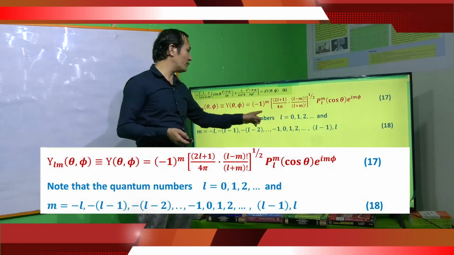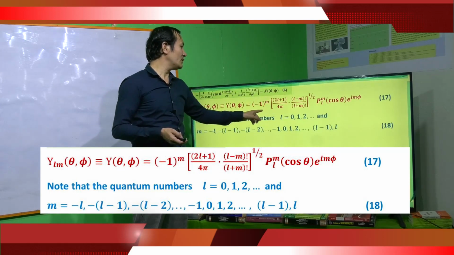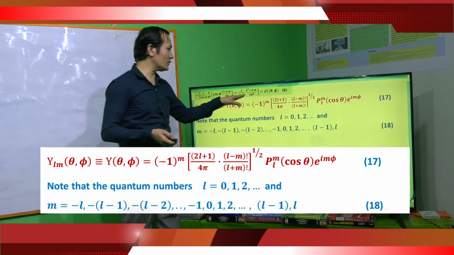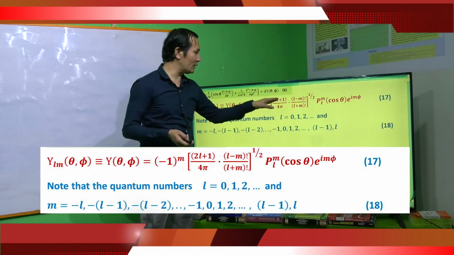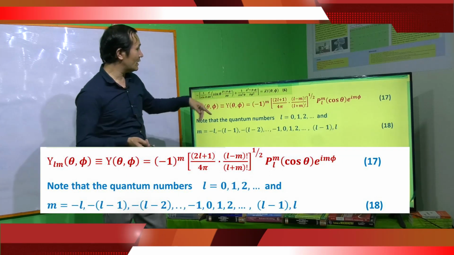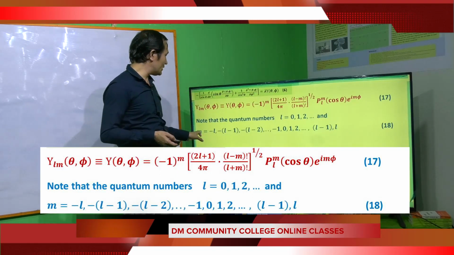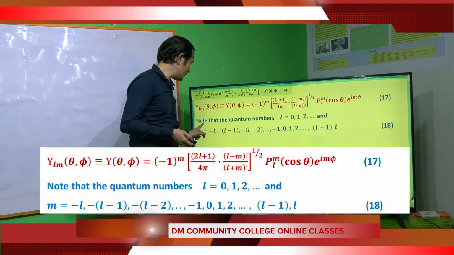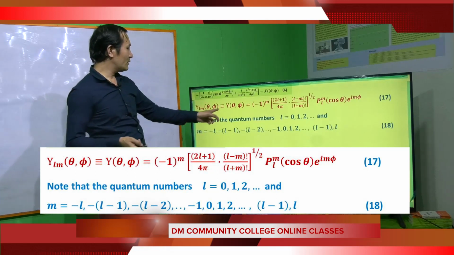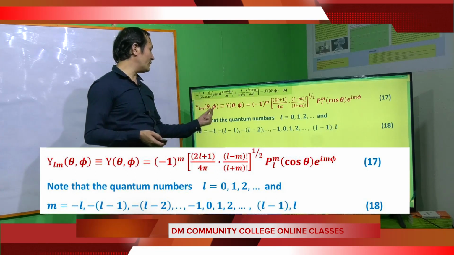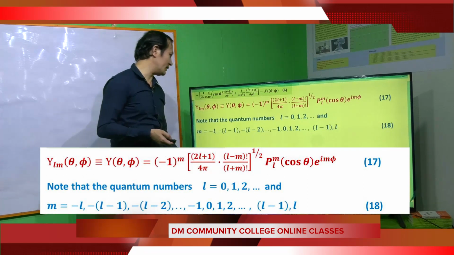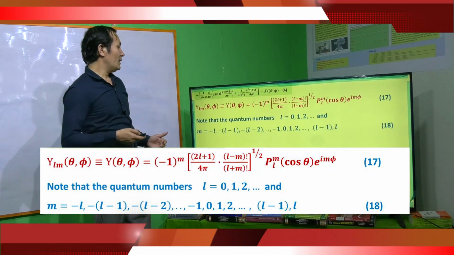This comes on solving that equation, equation 6. From this equation, the relation between l and m is this one: m ranges from minus l to plus l, in steps of 1. That is, integral steps.